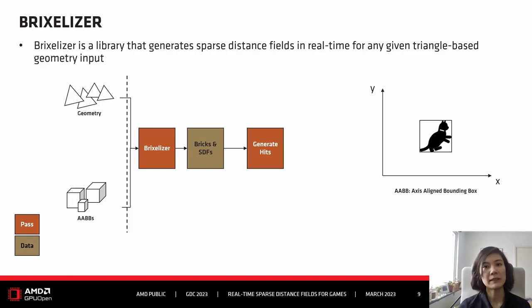This information will be taken by Brixelizer, and then Brixelizer will do its magic and generate the sparse distance field that you then can in turn use to generate the ray intersection with the scene. So in the slide, you notice I say bricks and sparse distance fields. And what bricks mean, I will explain very shortly.